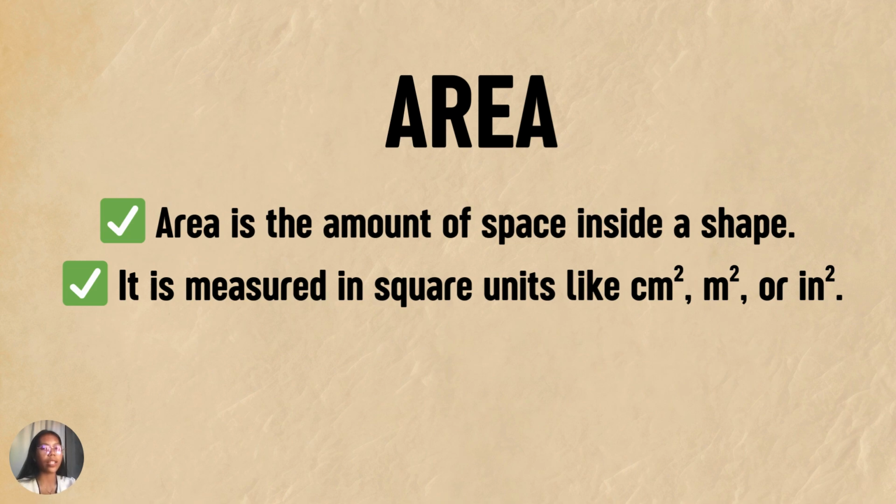This is what we call the area. Area is the amount of space inside a shape. It is measured in square units like square centimeters, square meters, or square inches.